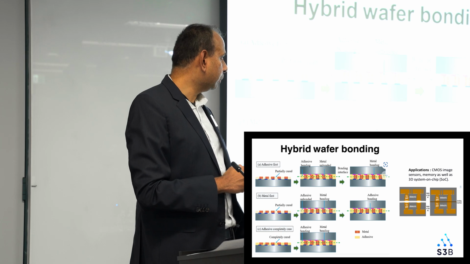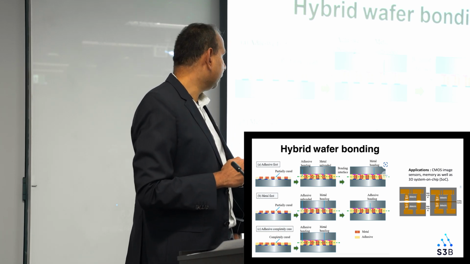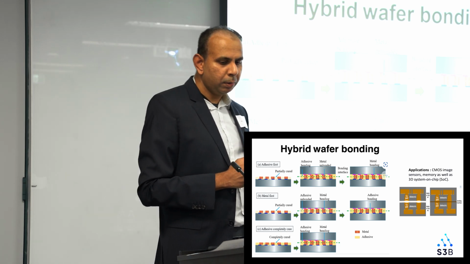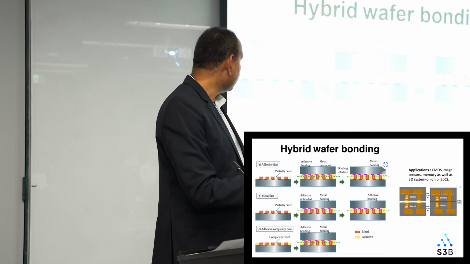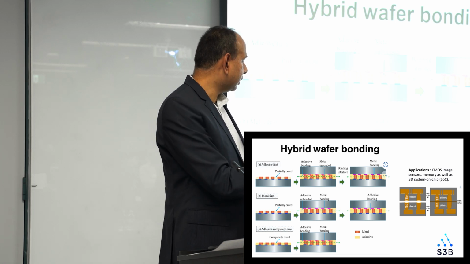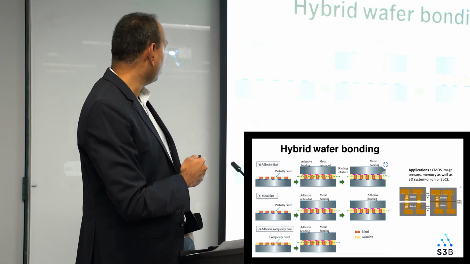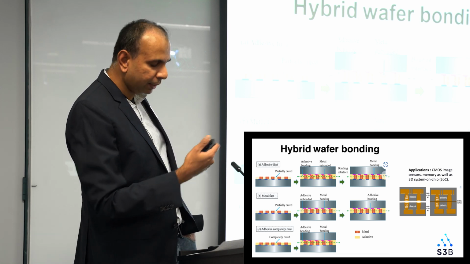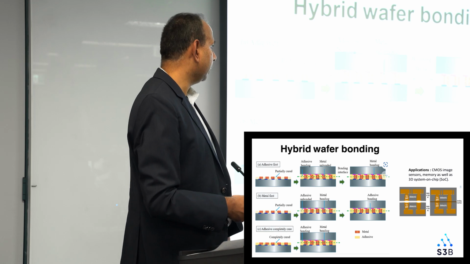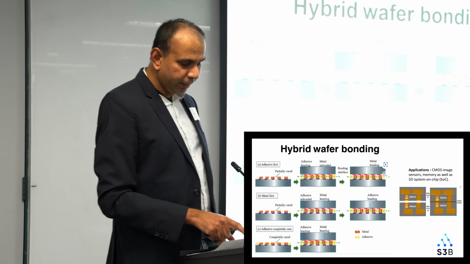But if you want more integrated connections, then you need a pitch below 10 micrometers, and that can be achieved using hybrid wafer bonding. The reason they can do that is by using a copper interconnection instead of the bump, and that's where hybrid wafer bonding is getting more traction nowadays. It is also used in various applications such as CMOS image sensors, memory, as well as 3D system on chip.